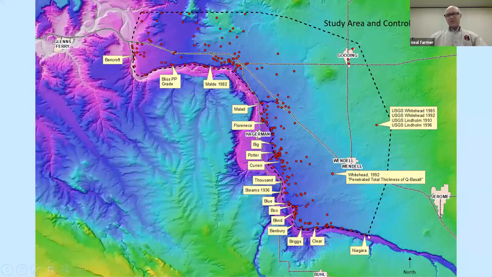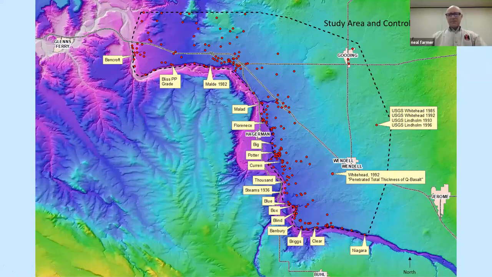The series of slides will start up in the Niagara Springs area, travel down the Snake River Canyon, and touch on a number of springs, not all of them, through the canyon all the way to Bancroft out here to the west. And the modeled area is this stippled line area.